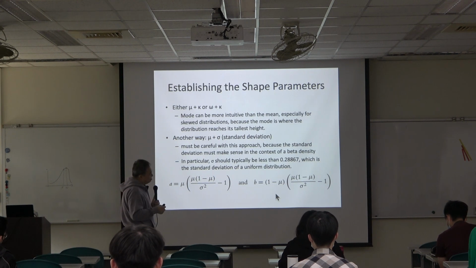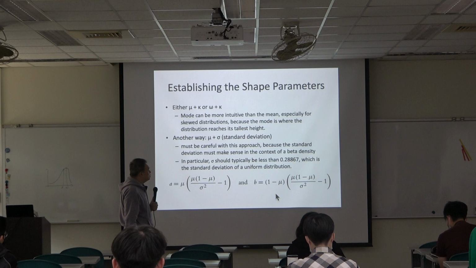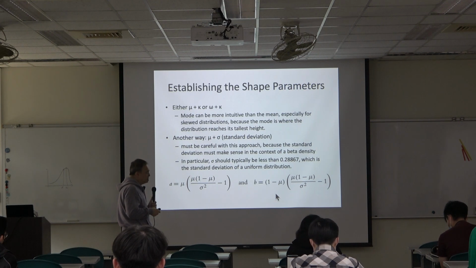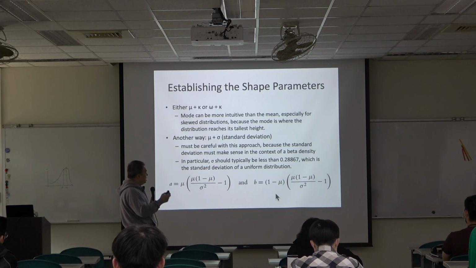It has to make sense when you give the sigma value. In particular, the sigma should typically be less than 0.28867. This describes a more plausible range of values for the beta distribution. So that's the standard deviation of a uniform distribution.